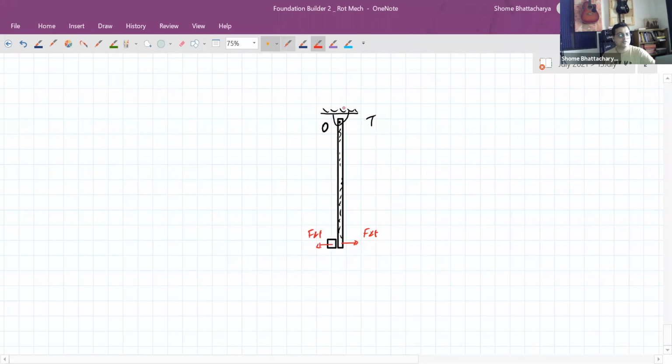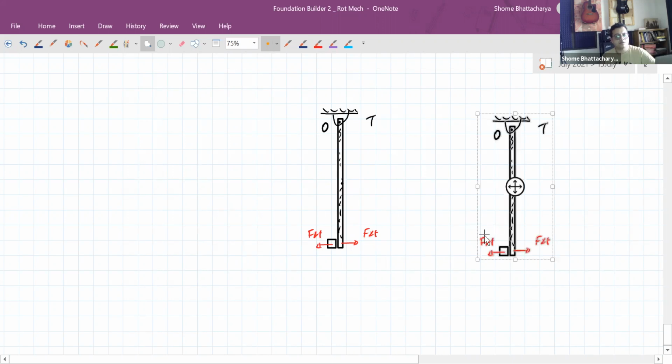And of course, the block's weight is being supported by the ground below. And immediately after the impact, therefore, the block would have come to rest, whereas the rod has started rotating. So the rod has developed this angular velocity omega naught, whereas the block has come to rest.